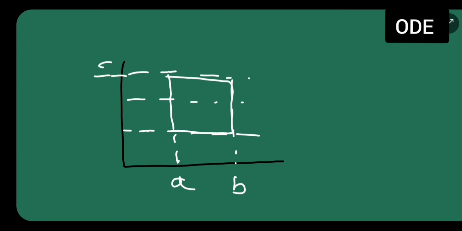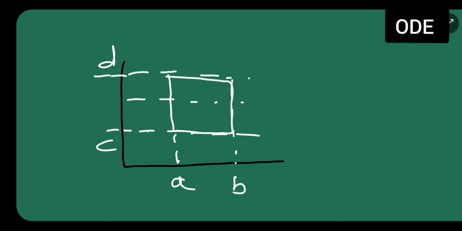Now suppose this is your A, and take one more, this is your B. This is your C, and this is your D.